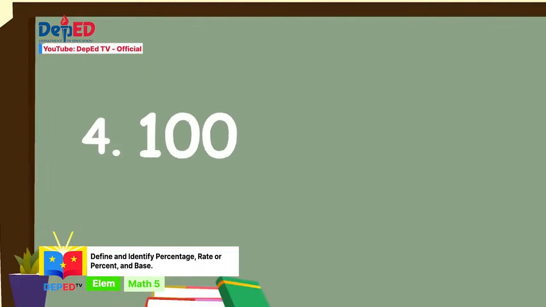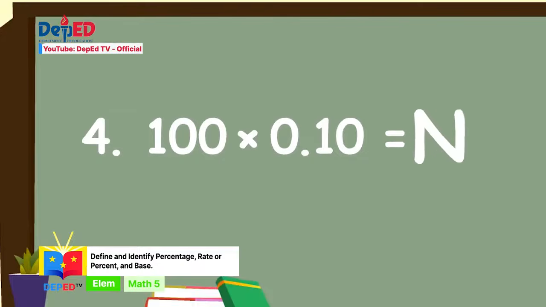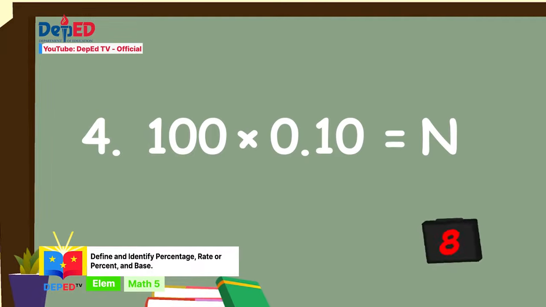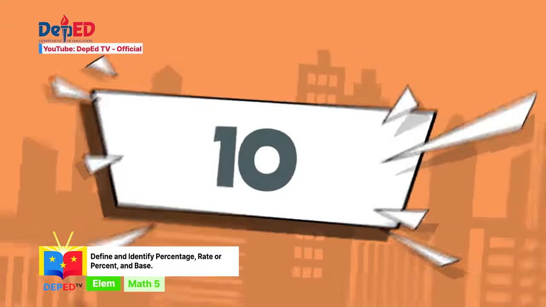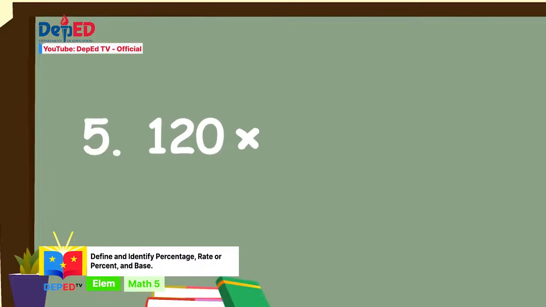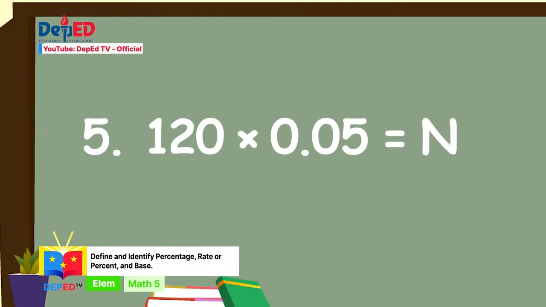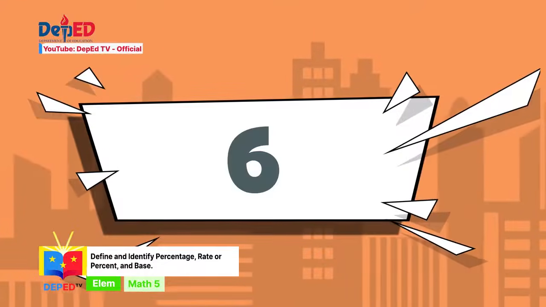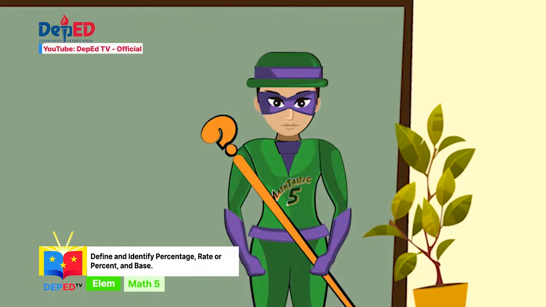Number 4. 100 times 10 hundredths equals n. The answer is 10. Number 5. 120 times 5 hundredths equals n. The answer is 6.